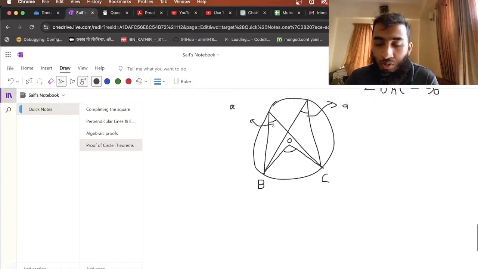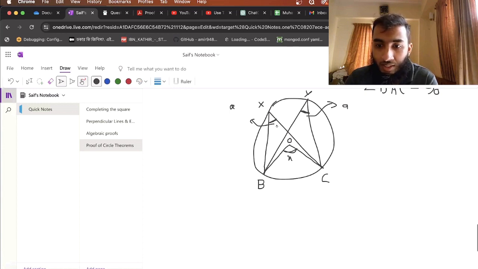If we assume this angle is X, this arc BC also creates these two angles at the circumference, at these two points, let's say X and Y. As we know from the previous theorem, the central angle is double this angle and this angle.